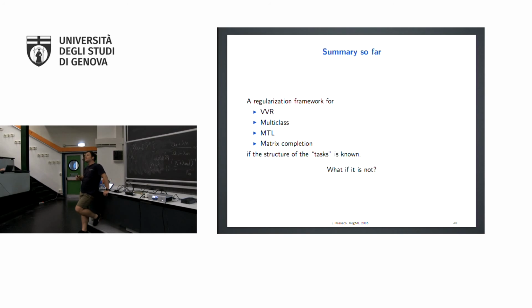But for other problems, for example, for the multitask problem, where you really have different problems with different numbers of training examples and different input points, maybe we should learn, for example, the graph, if we know that it's a graph but we don't know the graph, or the clusters, if we know that this is a bunch of clusters but we don't know the clusters, okay? Now, there is good news and bad news.